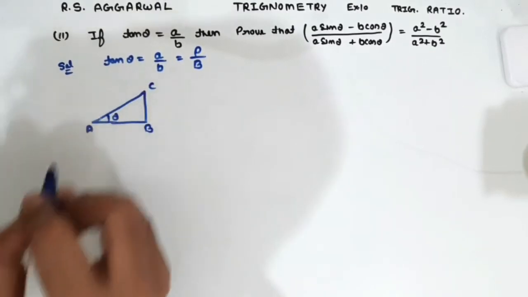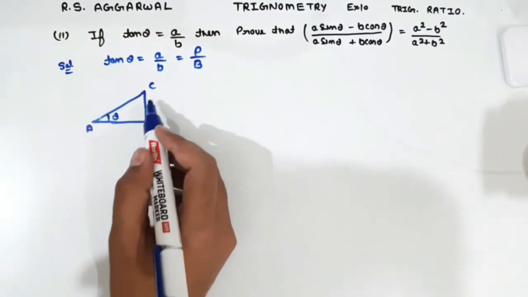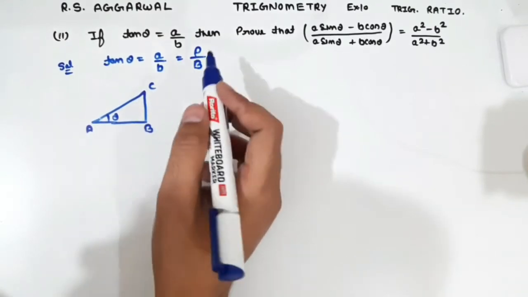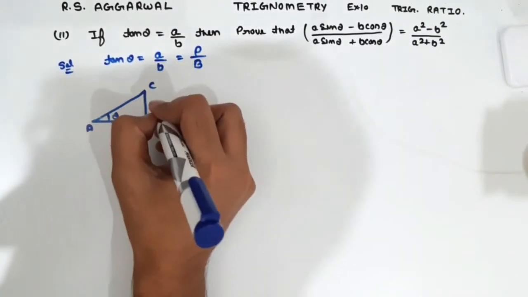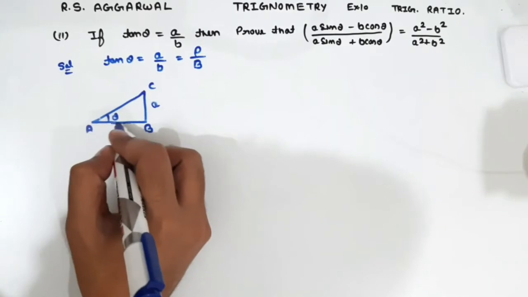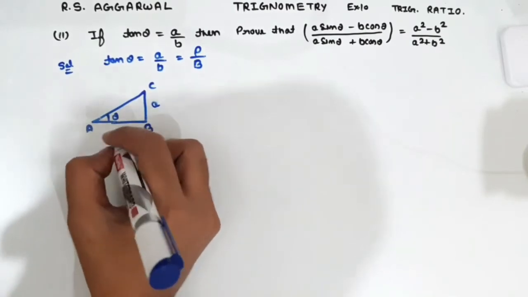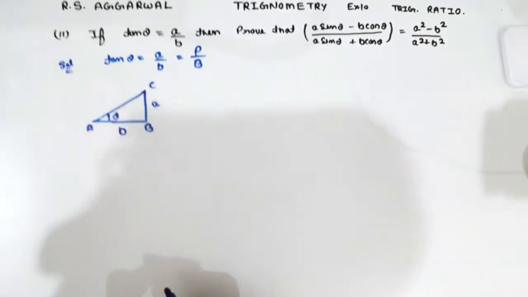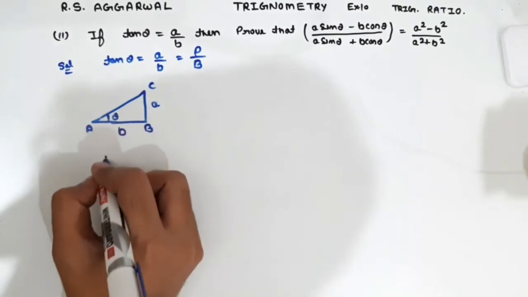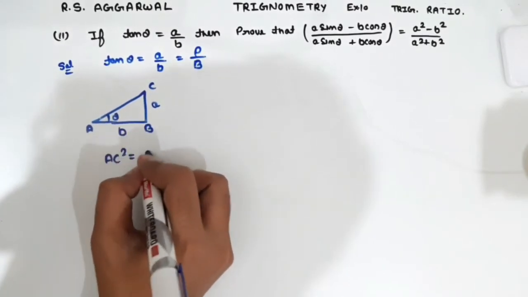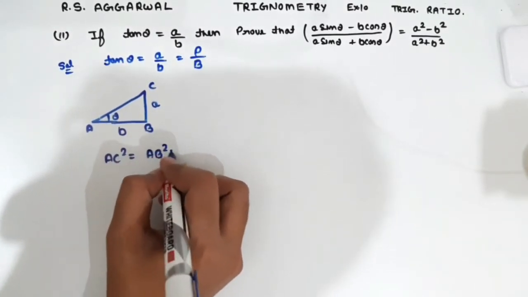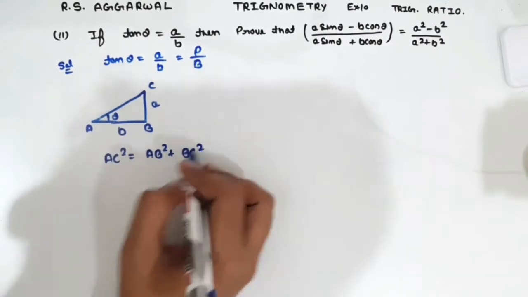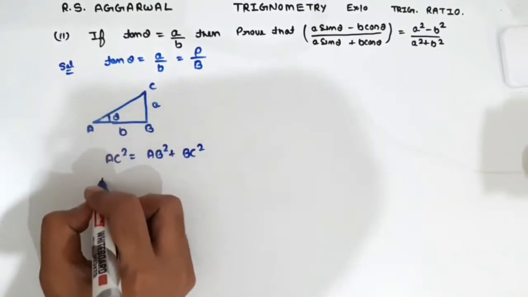This is angle theta. So the side opposite to angle theta will be the perpendicular, that is A, and the side adjacent to theta will be the base, that is B. So AC will be AB square plus BC square. This is Pythagoras theorem. So we have to find AC.